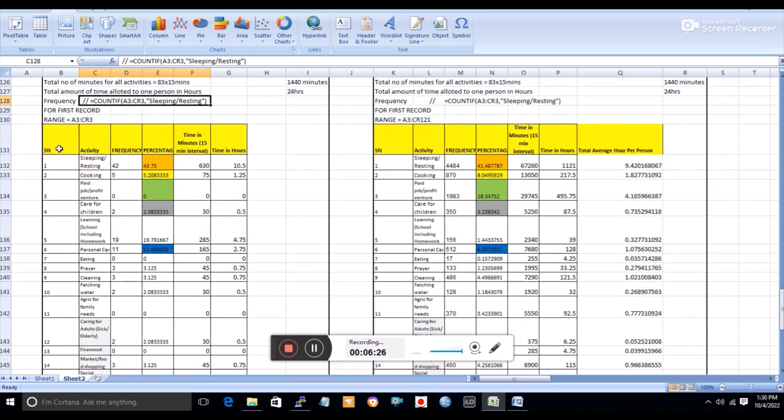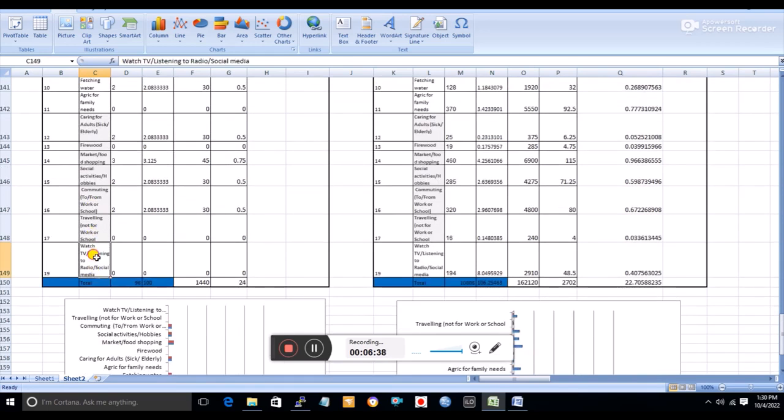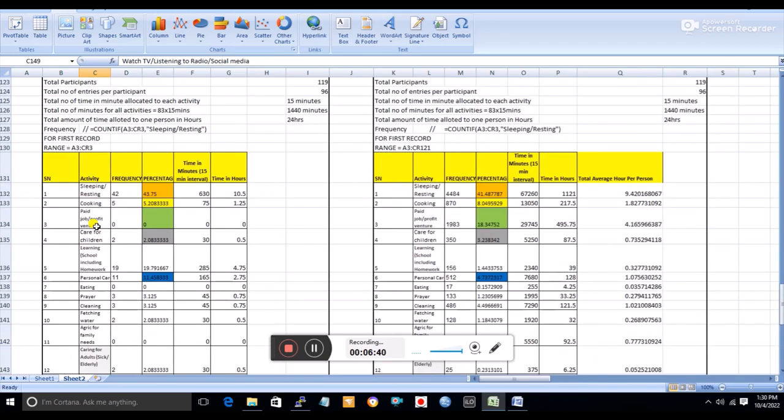For example, I have my serial number here, I have the activity list. So you have something like sleeping and resting, cooking, paid job / profit venture, care for children, and it goes down and on up to even watching television and all that.